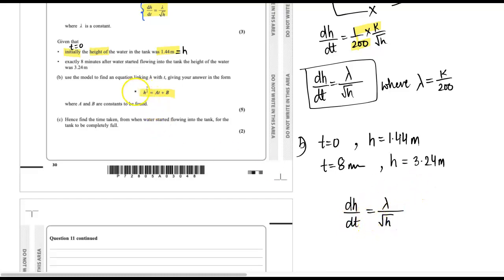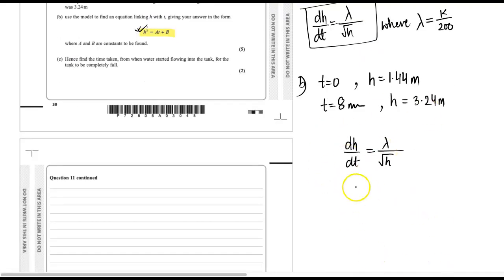And they are asking to write the equation in terms of h. So obviously from dH to h, it is integration. So let's rearrange things and integrate that. If you cross multiply, you can write root h dH equal to lambda dt, correct? And because we have to find h, we are going to be integrating.